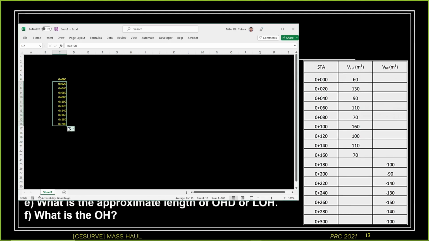Hanggang 300. This is the station. And this is the volume ng cut.